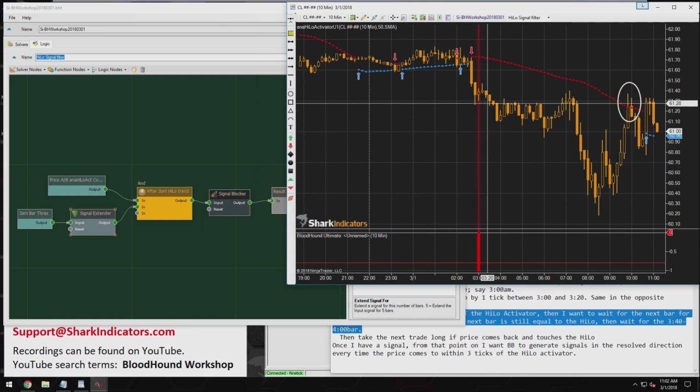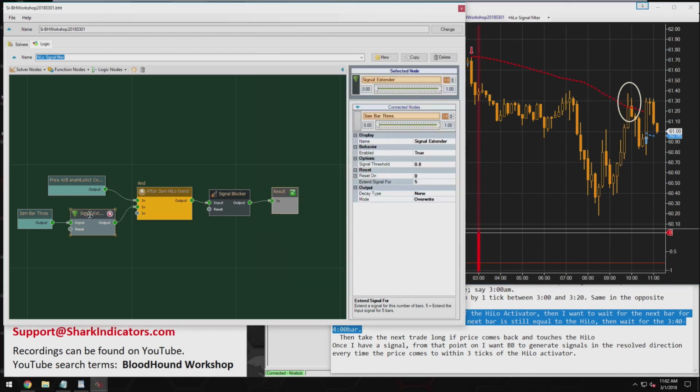Probably there's no active traders at 3 a.m. So if you are putting this on an instrument that's basically dead at 3 a.m., you can just extend the signals for as long as you need. If you need 10 bars, just change that to 10. If you maybe need to wait for 20 bars to go by, just change this number, however many bars you think you might need for your particular instrument to move off of that high-low indicator. But I'll just leave it at 5 for now.